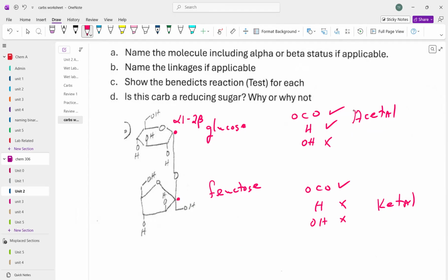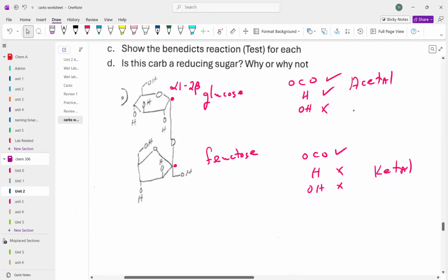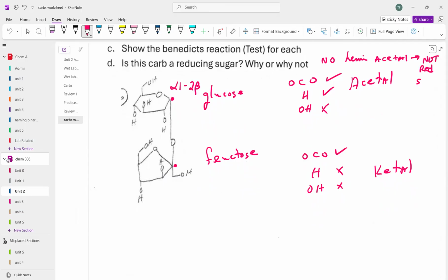Okay, so there's no hemiacetal to open up. So it's not a reducing sugar. So Benedict's test is going to be negative.